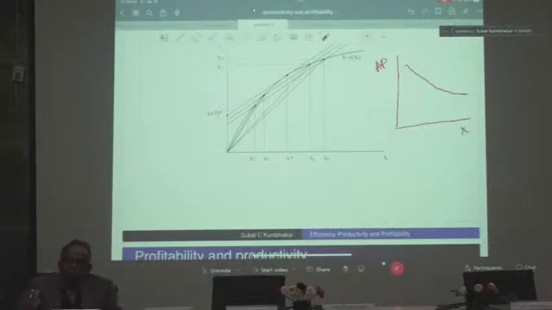Okay. So now if you want to study some of these things and say that in your data, the firms or farmers in Haryana might be credit constrained, then you can find out that they have an opportunity to improve their profit, but they are unable to do so because they are not getting credit.